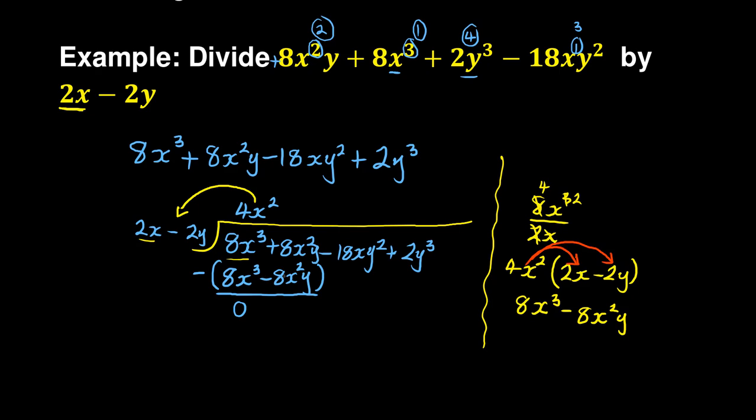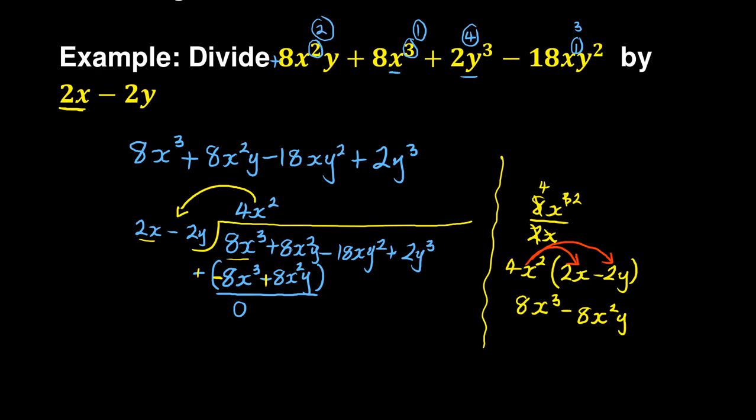In actual fact, with this negative, you can have this strategy whereby the negative goes inside: if you open that bracket, you interchange the signs. The negative becomes positive, the inside becomes negative and the negative becomes positive. So 8x cubed minus 8x cubed is 0.